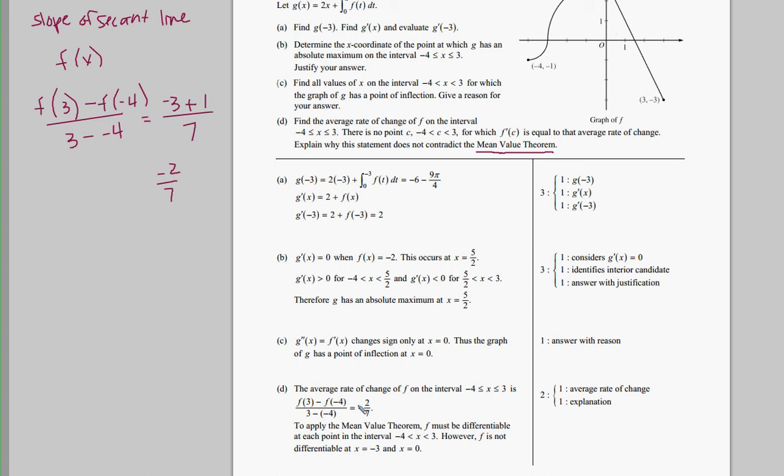You can see it on your paper anyway. So to apply the mean value theorem, f must be differentiable at each point, and f is not differentiable at -3 and at 0. So it does not contradict the mean value theorem because it doesn't meet the hypothesis. So you have a point here for having your correct average rate of change, and you have a point for the explanation.